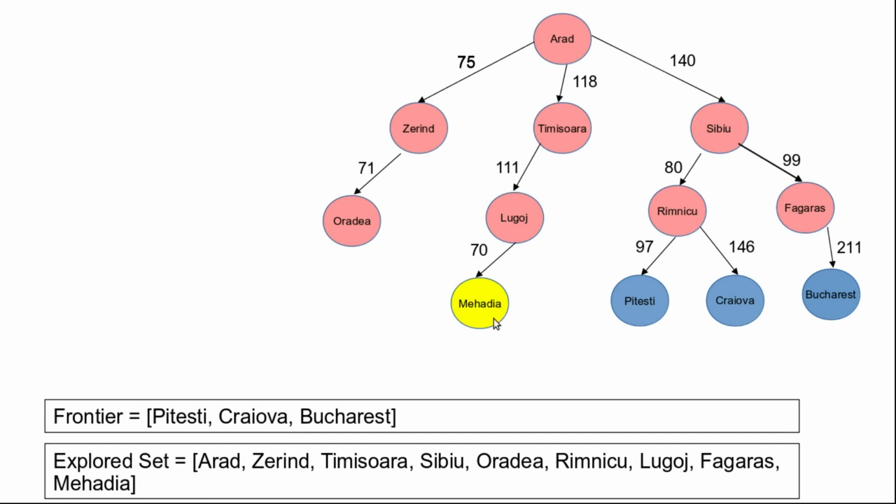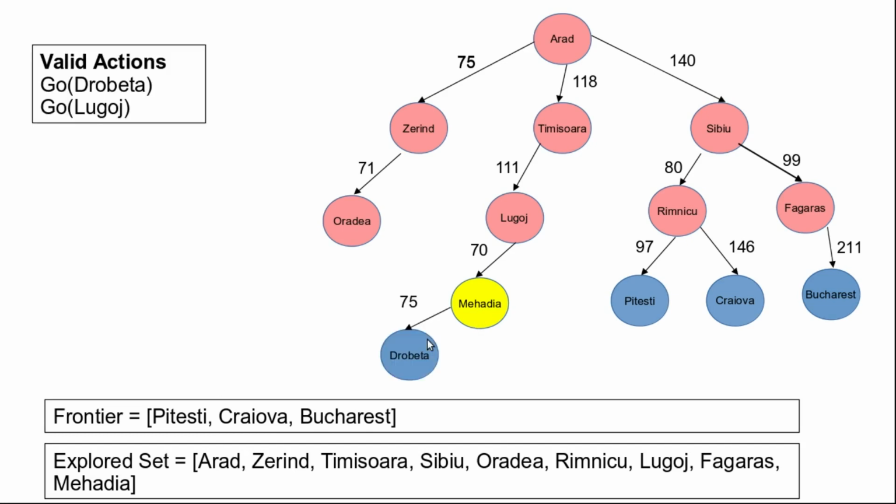It's not the goal state, and hence we add Mehadia to the explored set, and then we find out what the valid actions are. The valid actions are that we can go to Drobeta or we can go to Lugoj. Lugoj is already present in the explored set, so no new node will be generated for it. However, Drobeta is not present in the explored set, and it's not present in the frontier list, so a new node will be generated with the step cost of 75.